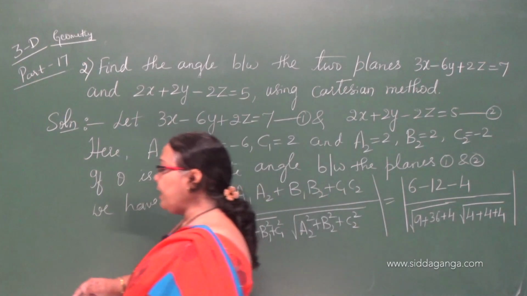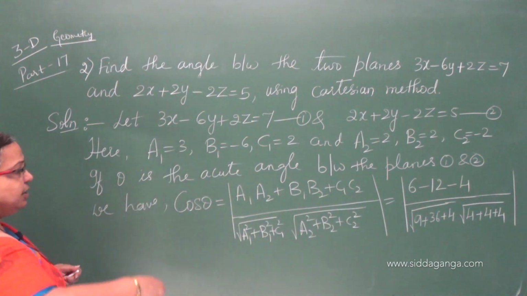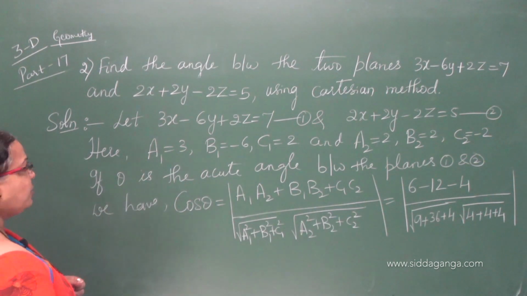So 2 square is 4, plus 4, plus minus 2 whole square is plus 4.